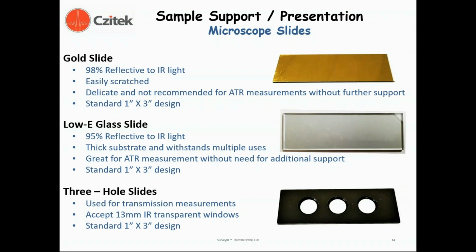So as with the gold microscope slide, we have to have an appropriate thickness of our sample to get good data. This is also a very good substrate for ATR measurements because the slide is thicker, and with the maximum force that we recommend applying via the diamond, which is about 15 pounds, these slides hold up over that entire range of force.